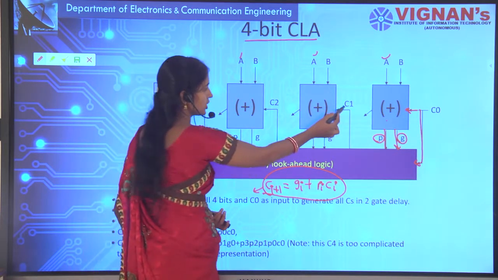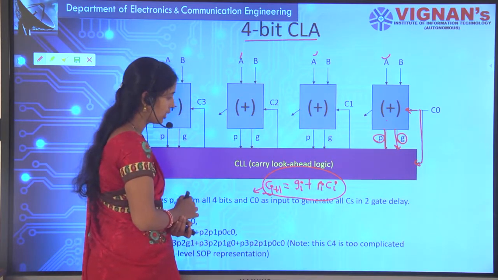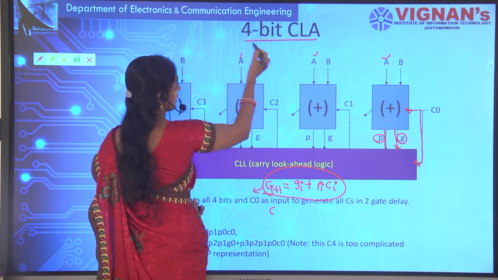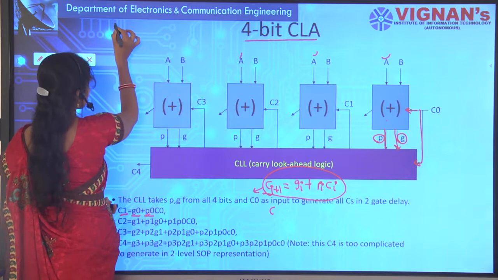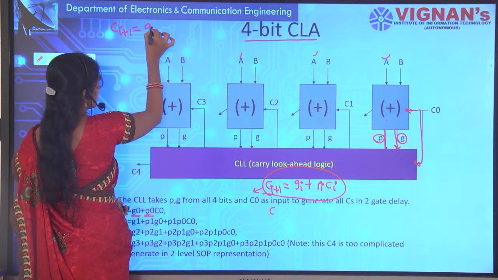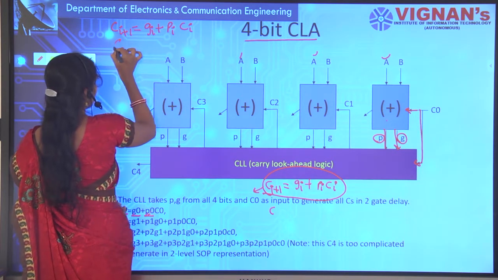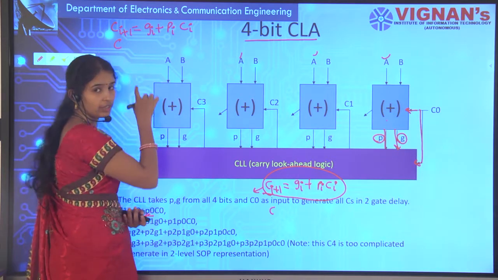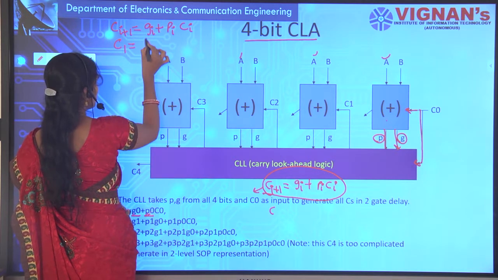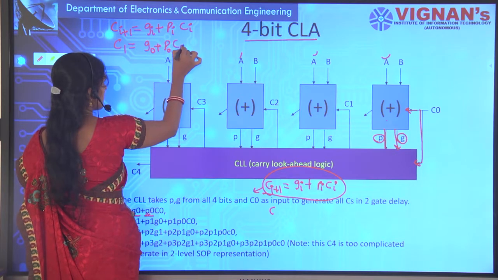The generalized expression for Ci plus 1 is Ci plus 1 equals Gi plus Pi into Ci. If i is equivalent to 0, then C1 is equivalent to G0 plus P0 into C0.